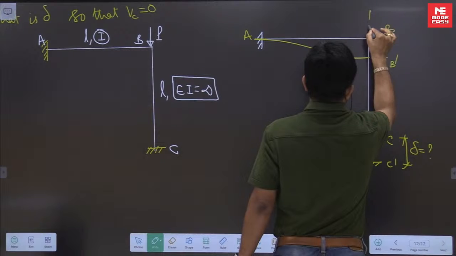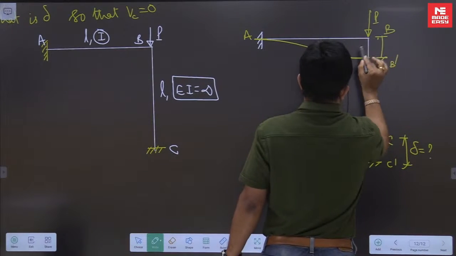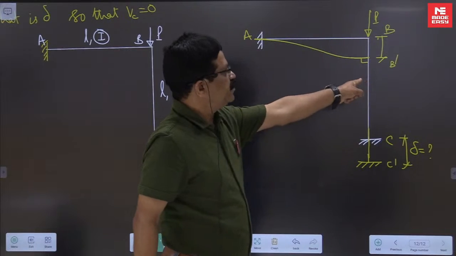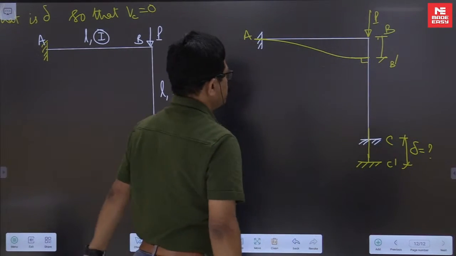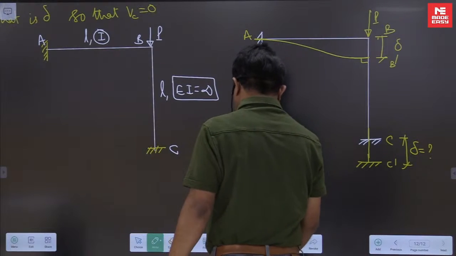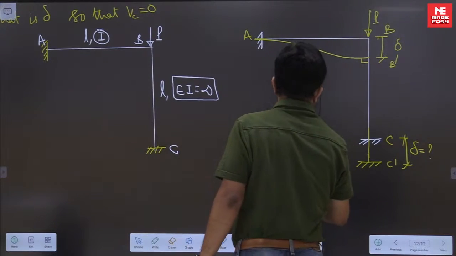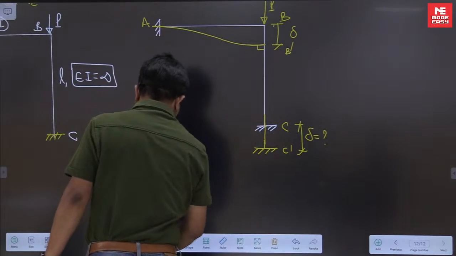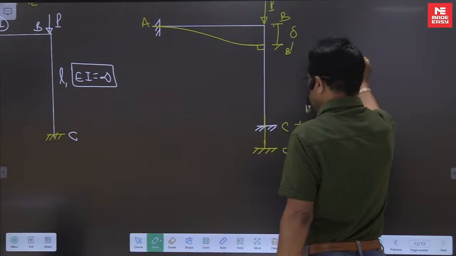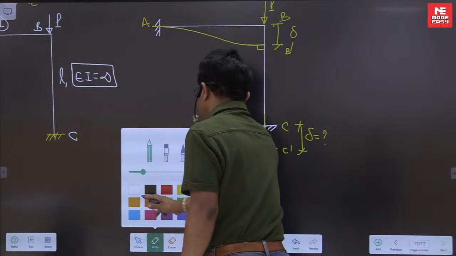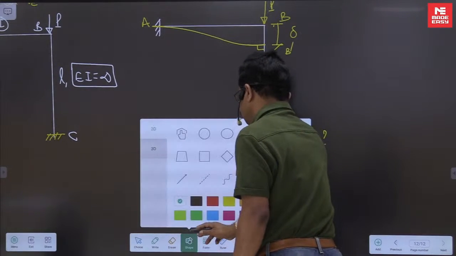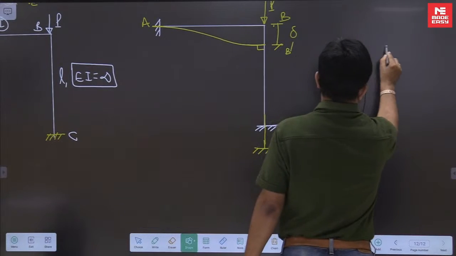We have applied a load P now. For this profile where the 90 degrees angle was there, we know the value of delta. What's the force required? For this profile, this is what we have studied.